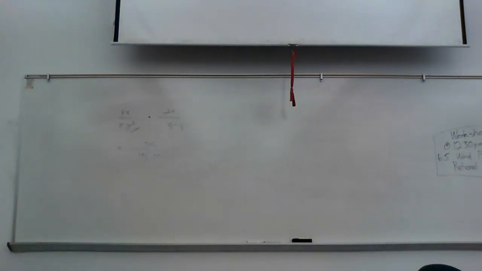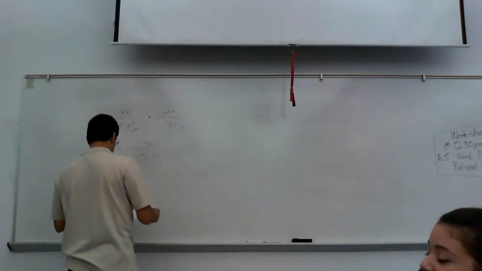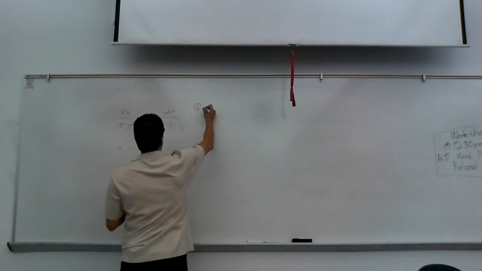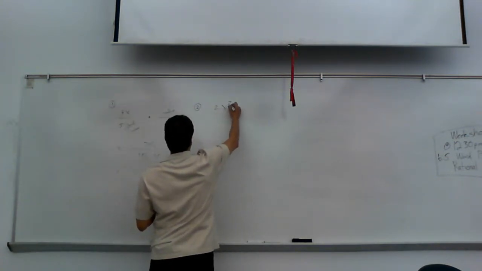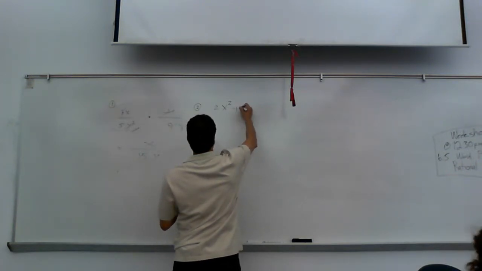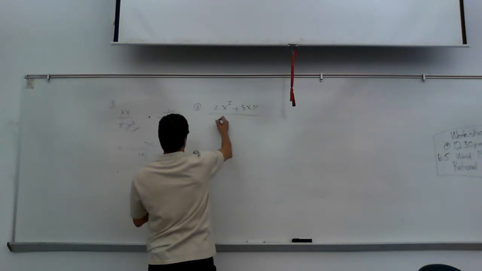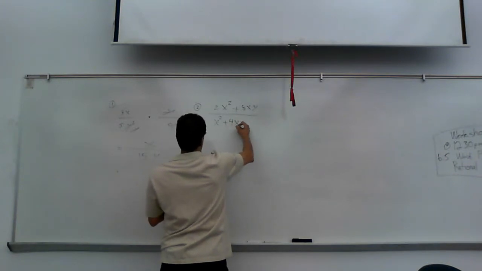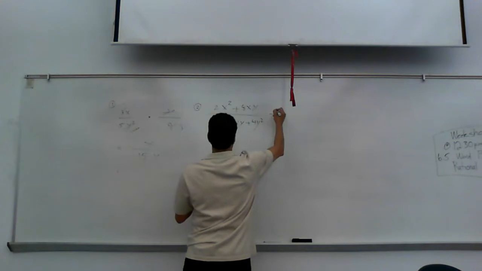The next question, class. Let's call it number 2. 2x squared plus 8xy over x squared plus 4xy plus 4y squared.